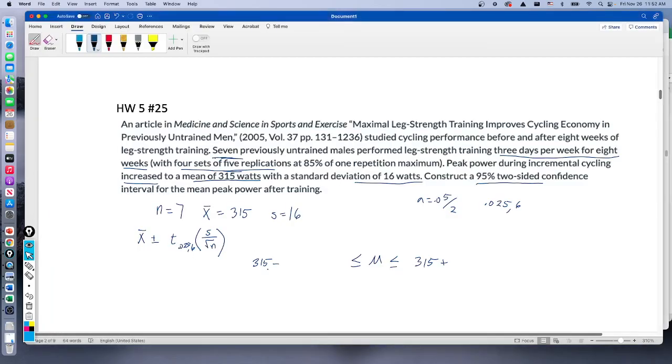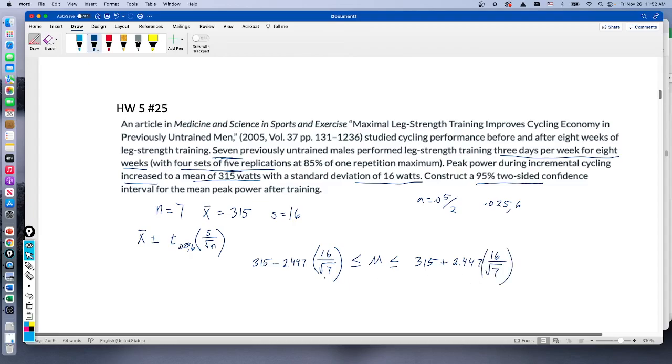So the t-value is 2.447, 2.447 times the standard deviation over the square root of 7.